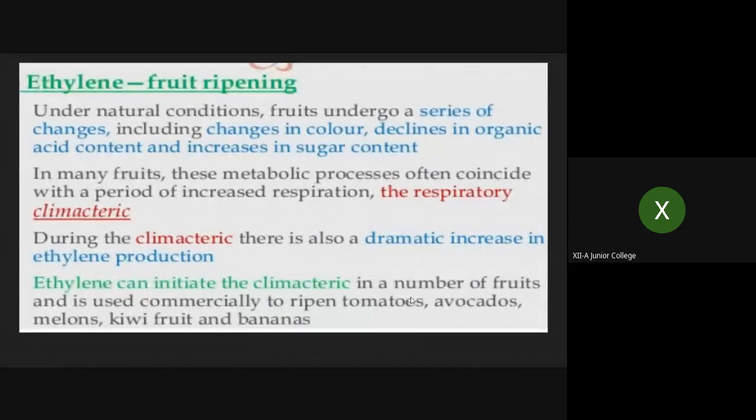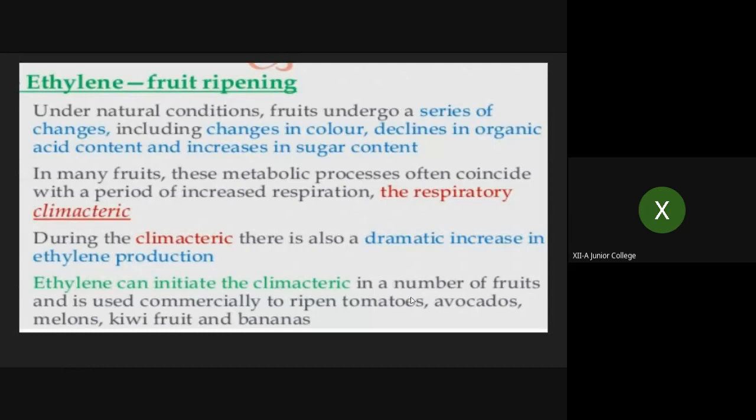Because the people who bring the product into the market as per their profit use raw fruits and store them, and as and when they need, they apply this ethylene gas to those raw fruits. By the application of ethylene, automatically that will give rise to the ripening, because that is related to fruit ripening.